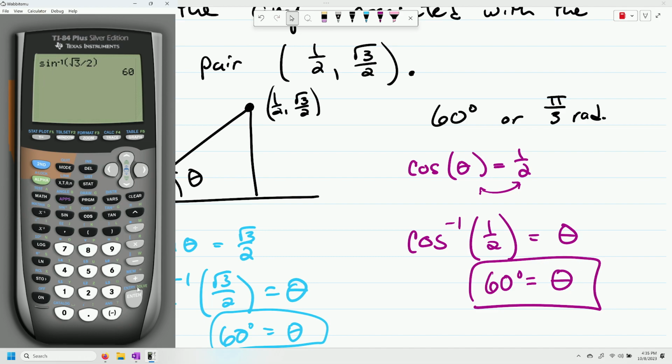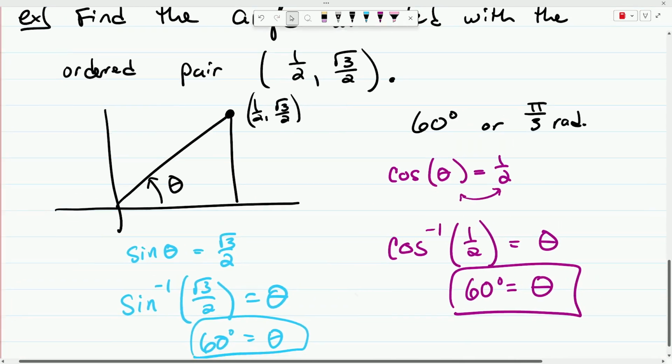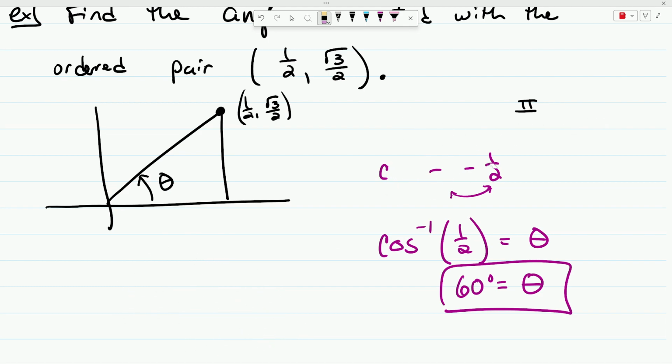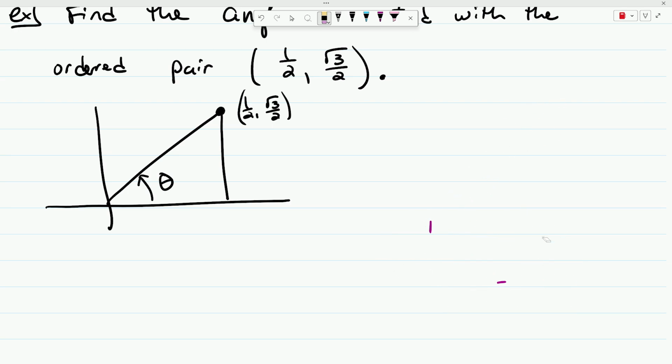Now, you could even use the inverse tangent if you wanted. But if you wanted to use the inverse tangent, first thing we would have to do here is find out, well, what is the tangent at this point? And the tangent, remember, tangent is opposite over adjacent, or sine over cosine.